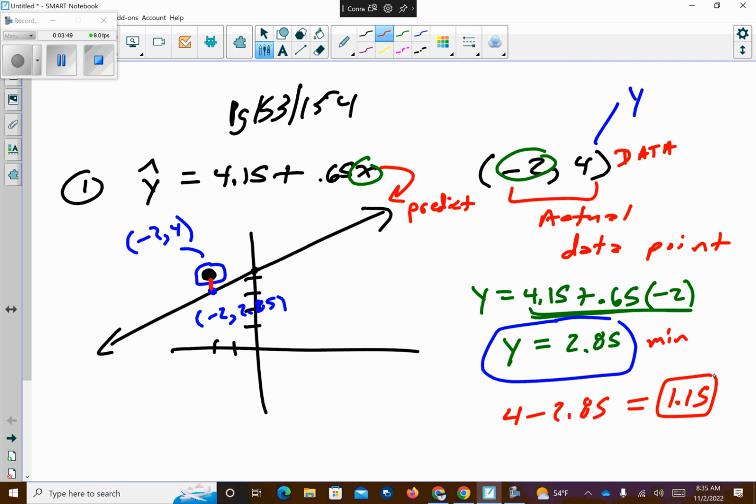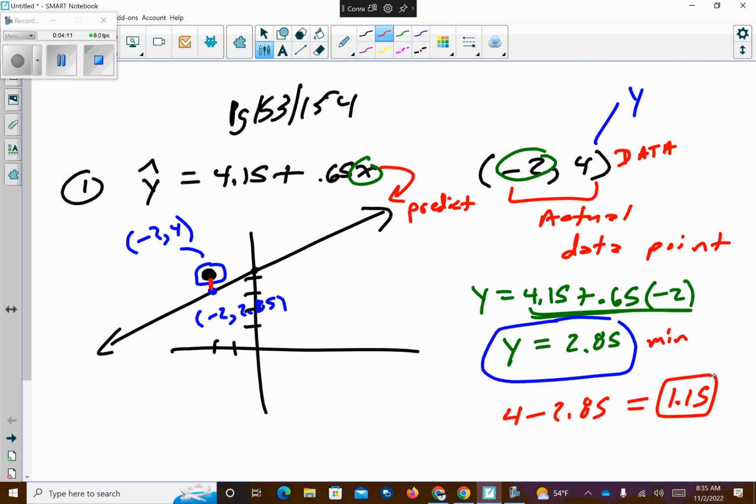That's the same thing you do for 1, 2, and 3. For 4, you're creating your line of best fit and doing the same exact stuff. If your residual is positive, that means your data point lies above your line of best fit. If it's negative, that means your data point lies below.